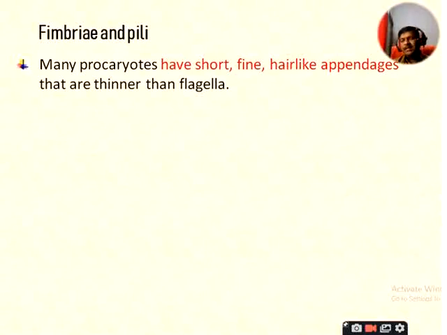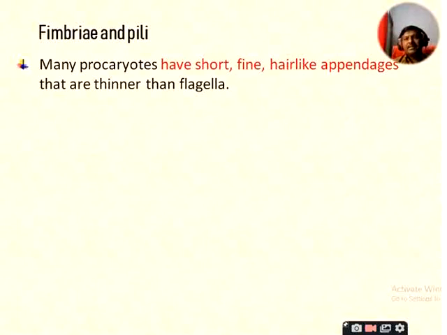Many prokaryotic organisms have short, fine hair-like appendages that are thinner than the flagella. We already studied the flagella, which are also hair-like appendages, but they are bigger than the Fimbriae and Pili.